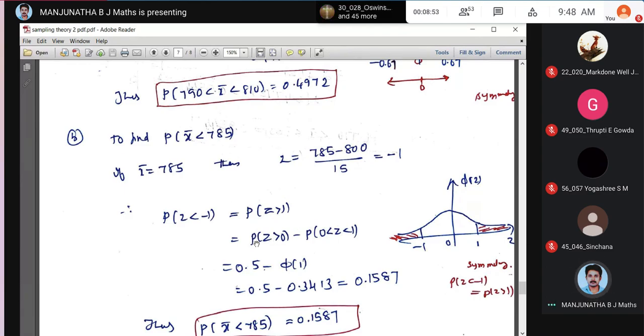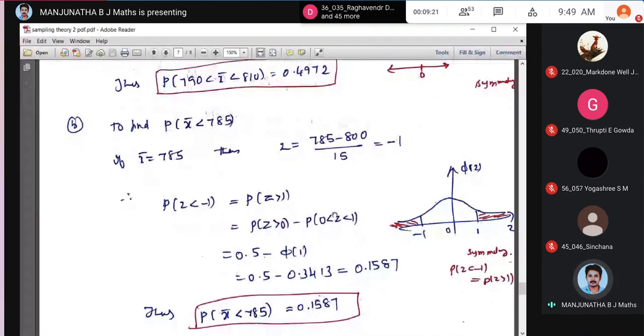Greater than 1 means this is the area. The total area to the right of 0 is 0.5, and if I remove the non-shaded region, we get the required one. Therefore, the probability of z greater than 0 minus the probability of 0 less than z less than 1.